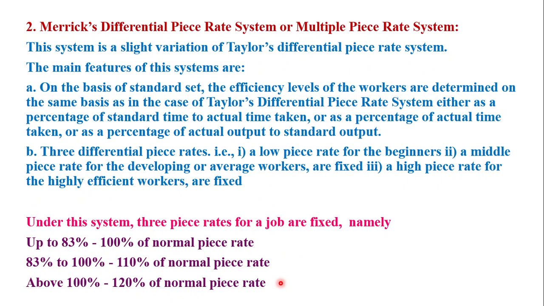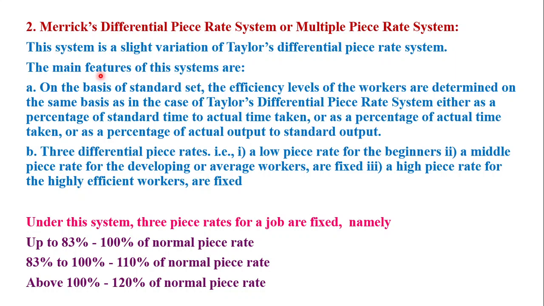Next, the second differential piece rate system is Merrick's differential piece rate system, also called the multiple piece rate system. It is a slight variation of Taylor's differential piece rate system. What is that slight variation? Now we are going to discuss.